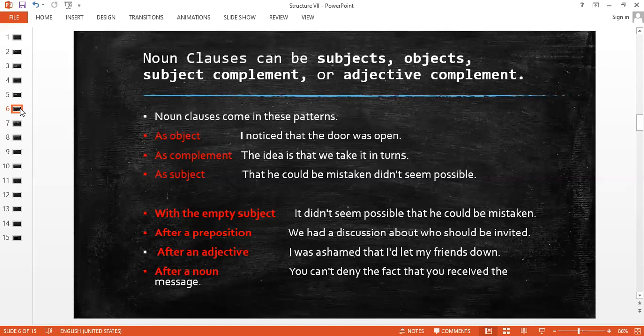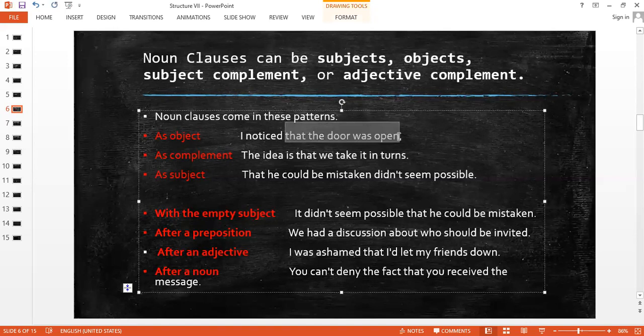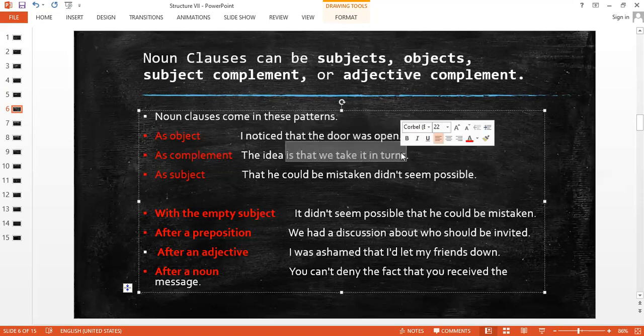The noun clause object here is this: that the door was open. As complement: the idea is that we take it in turn. That we take it in turn is actually the complement, and here the noun clause is acting as complement.